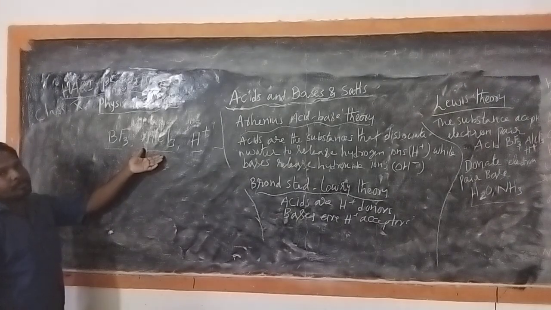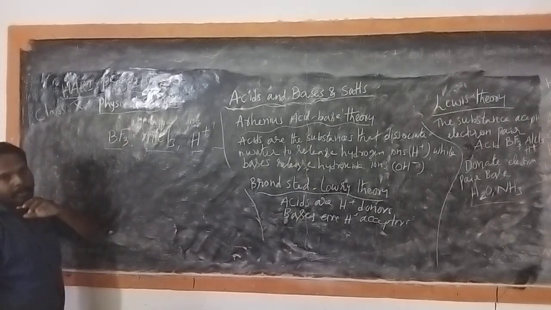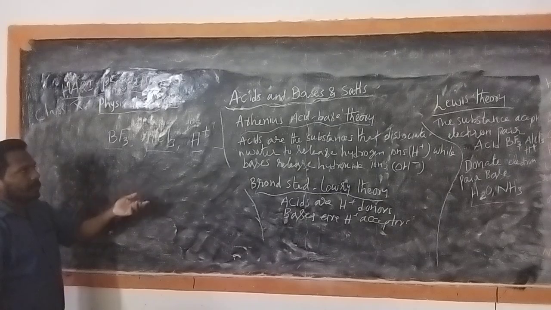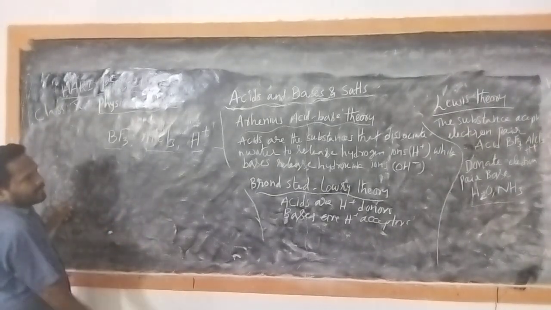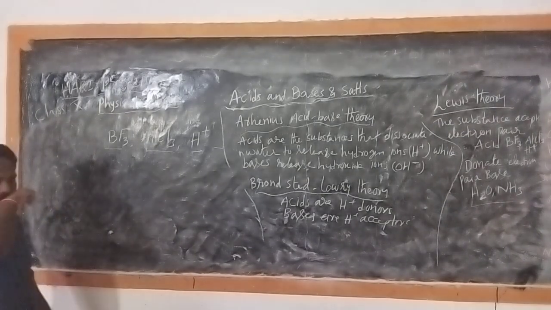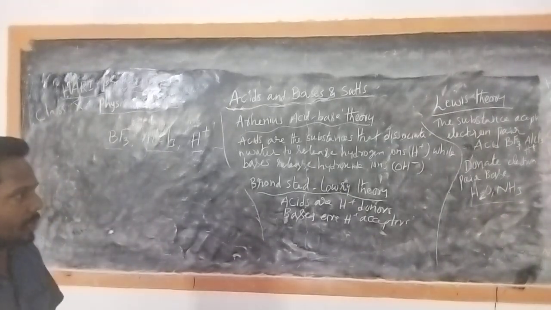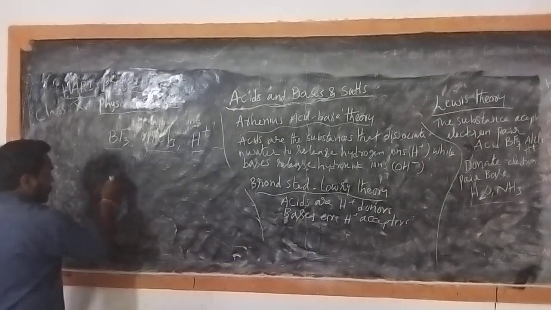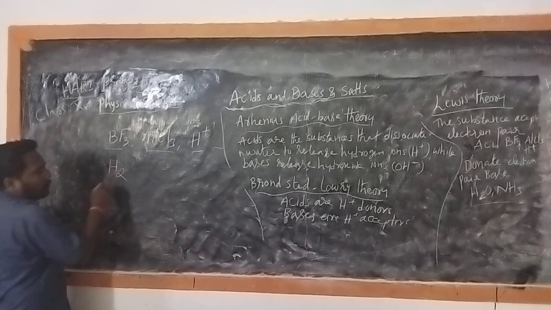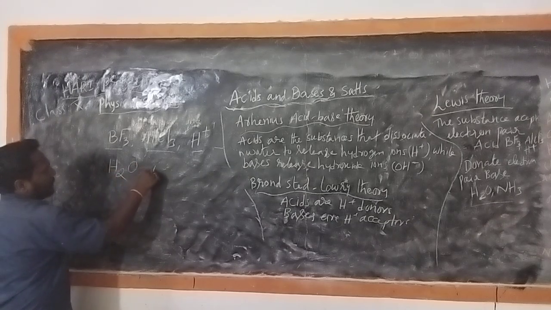They are ready to take one electron pair. Bases are the substances which donate an electron pair, called Lewis bases, such as water and ammonia.